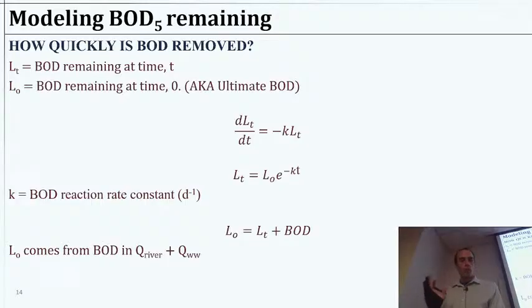We're following the book here, so if you do get confused, you can ask me, you can also take a look at our book. But L_t would be the BOD remaining at some time t. The L naught, or the L initial, is the amount remaining at time 0, which should be all of the BOD that could possibly be removed. We would also call that the ultimate BOD.